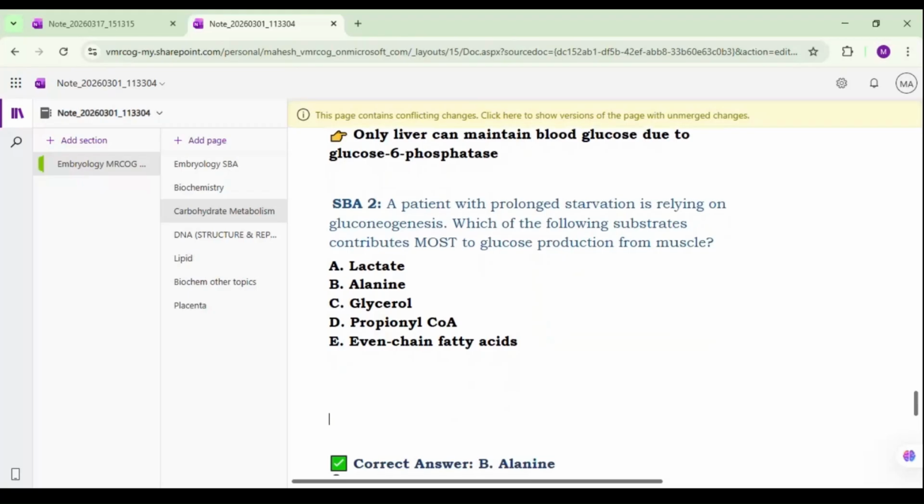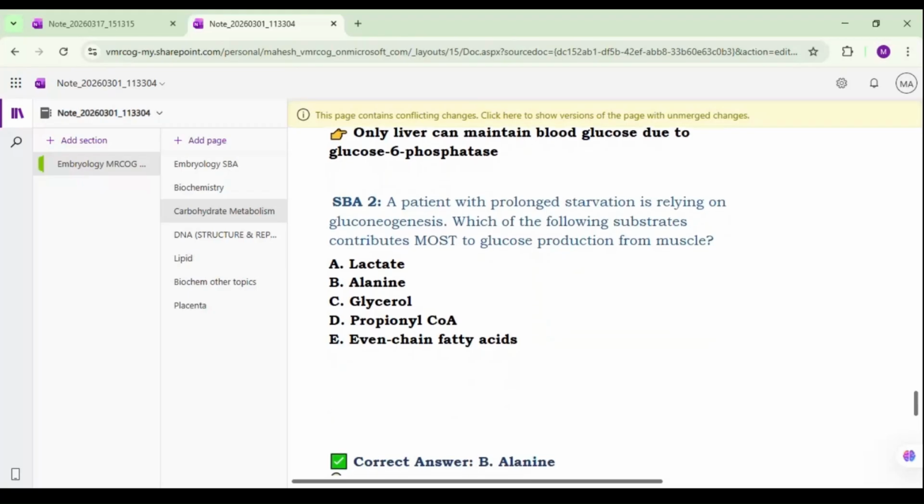Next question, doctor. A patient with prolonged starvation is relying on gluconeogenesis. Which of the following substrates contributes most to glucose production from muscle? Option A, lactate; option B, alanine. Option B, sir.